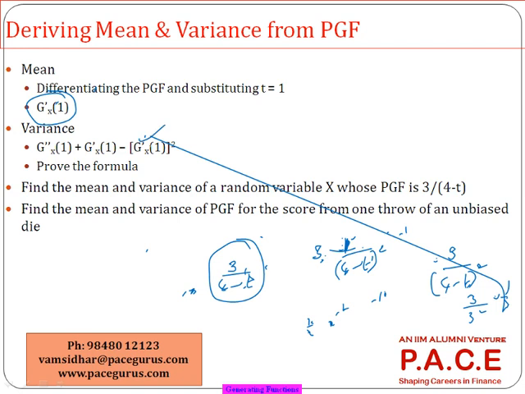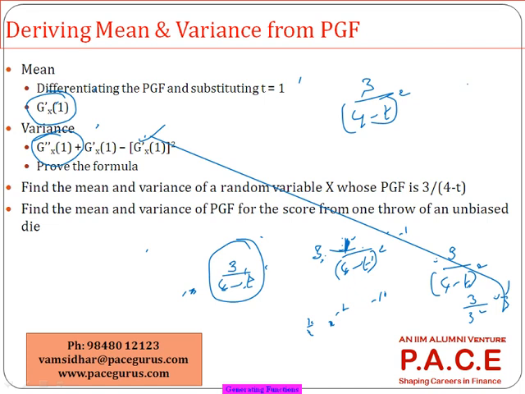With the variance, I take a double derivative. I do the derivative 2 times. My first derivative was 3 by 4 minus t squared, a 1 by x squared kind of format. So the derivative of it becomes minus 2 by x cube.